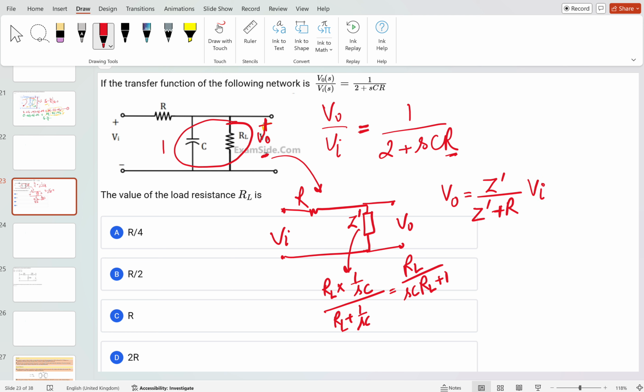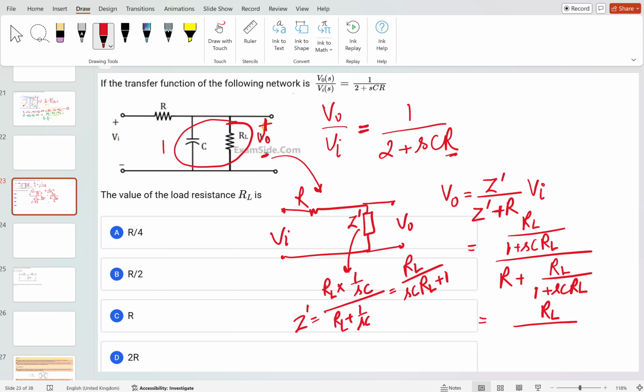Put the value in the equations: it will become RL divided by 1 plus SCRL, divided by R plus RL divided by 1 plus SCRL. When you solve it, it will become RL divided by R plus SCRL R plus RL.